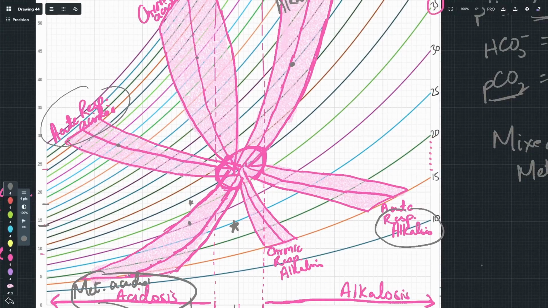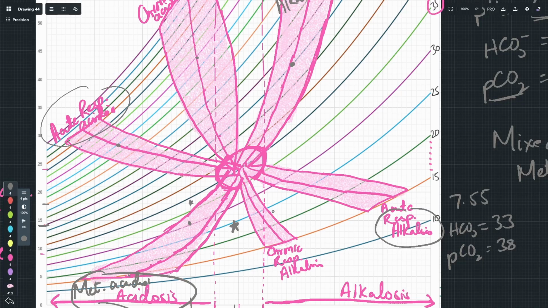Next, we can move to another scenario. Let's write the scenario here. pH is equal to 7.55 and HCO3 is 33 and PCO2 is again 38. So we can simply mark it on the Davenport diagram.